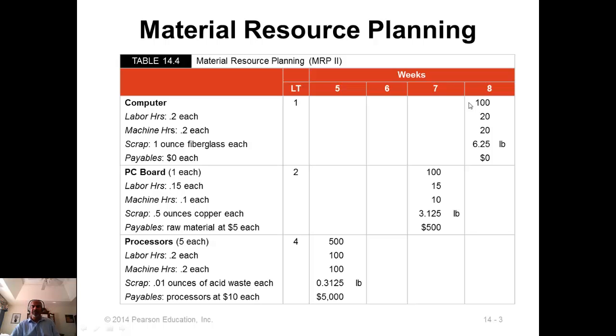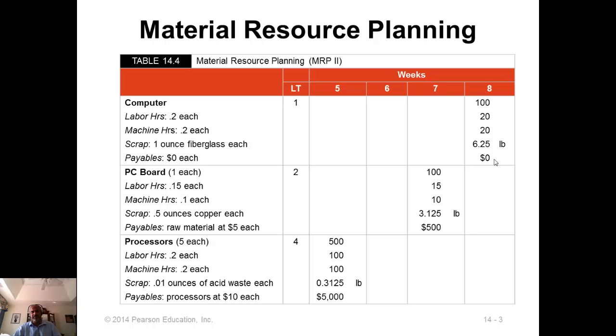Now you take that 100 multiplied by 0.2 hours of labor needed. So how much labor is needed, how much machine hours are needed, how much scrap it will produce, what the payables are, what working capital is needed, and all kinds of other resources that go with the production of a product are also included in the computation, and those are aggregated and made available for the planning process.